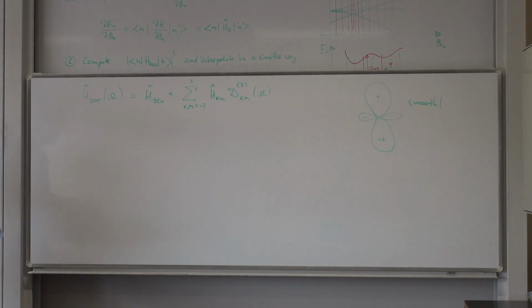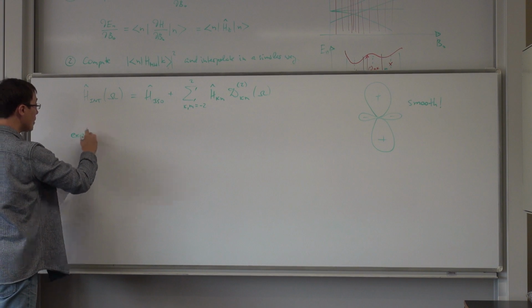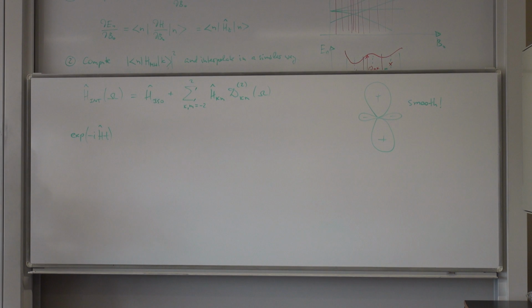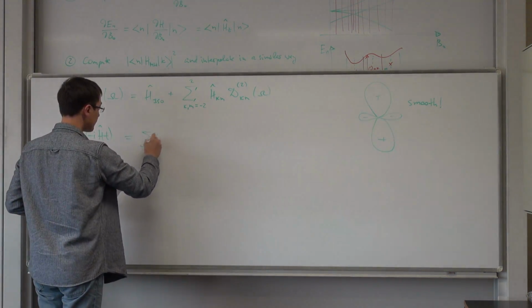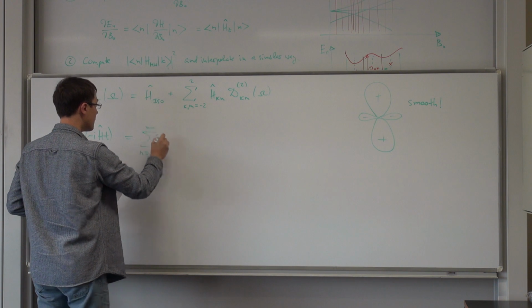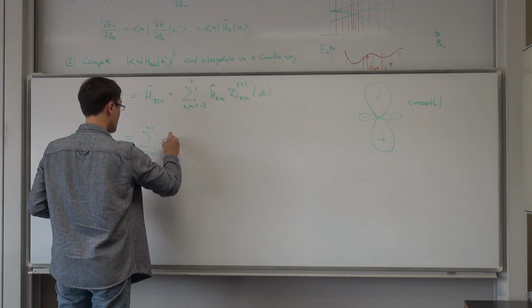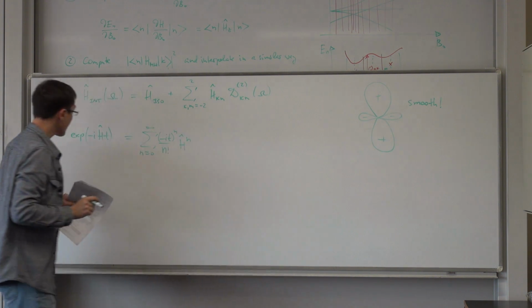If you remember, in our ordinary time domain magnetic resonance, we always had exponentials of these Hamiltonians. So it was exp(-iHt). That was the fundamental object which we had to deal with. And that, of course, is a Taylor series: sum from n equals 0 to infinity of (-it)^n over n factorial, times H to the power n.